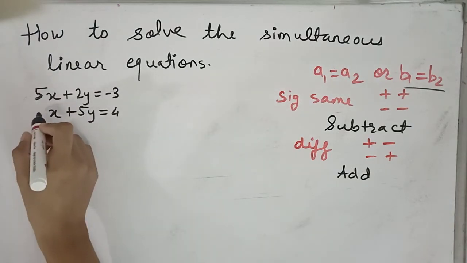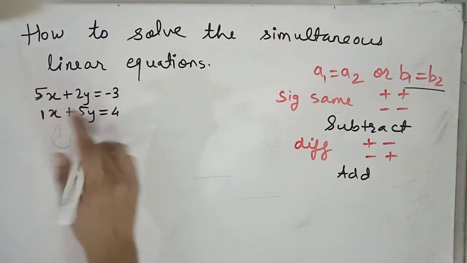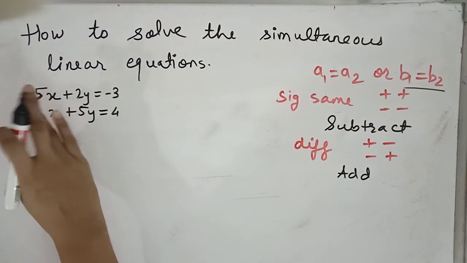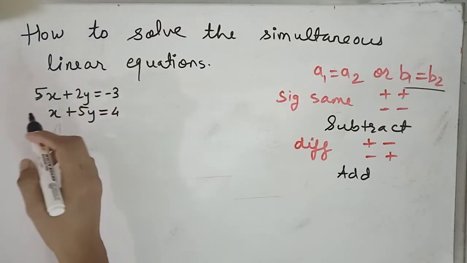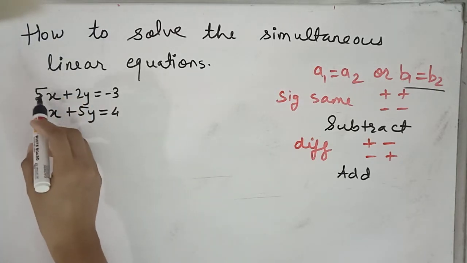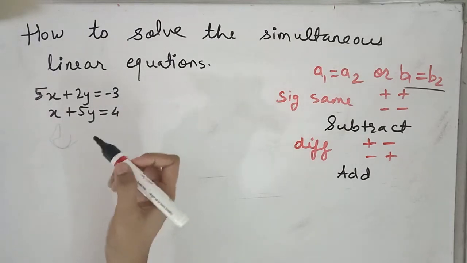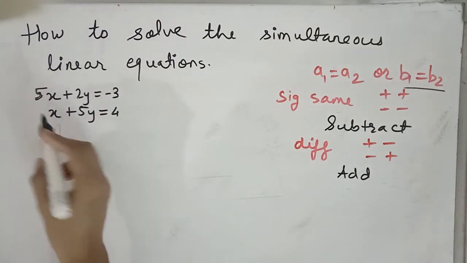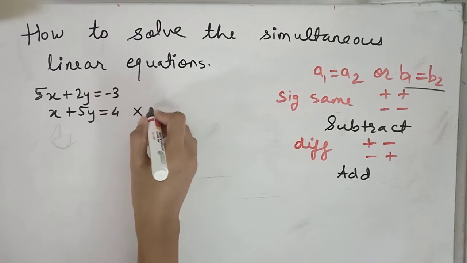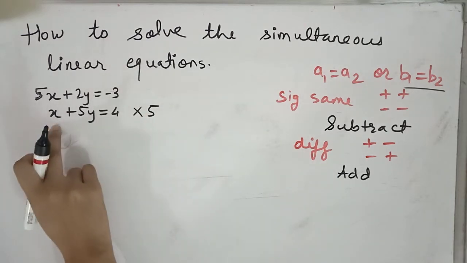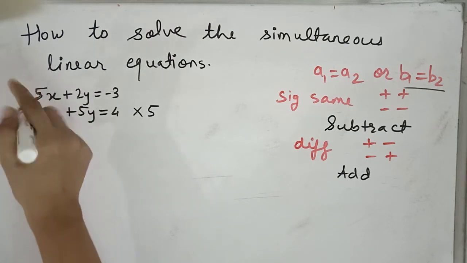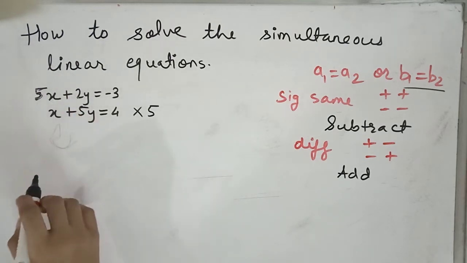So first we have to convert the equation such that a1 equals a2 or b1 equals b2. Now here we can see in the second equation x has the constant 1 and in the first equation the constant is 5. So we will multiply the second equation with 5. So 5 into 1 will be 5x, so both a1 and a2 will be equal.